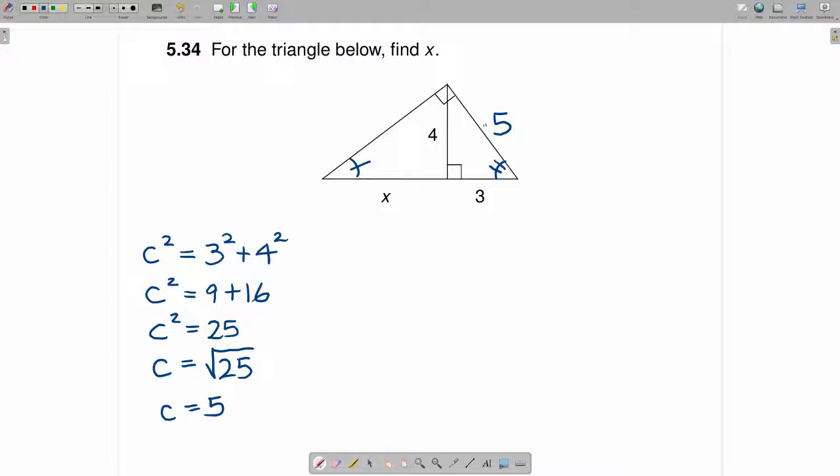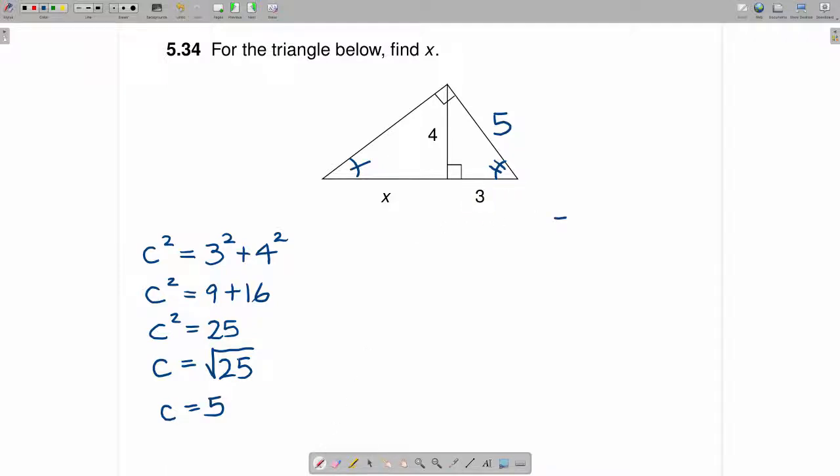Now, the next step is to exploit what we determined before, in that there are similar triangles here. The two similar triangles we're going to look at are the smaller triangle and the large triangle, which is right here. I'm going to take the ratio of the hypotenuse to the shortest length in that small triangle.